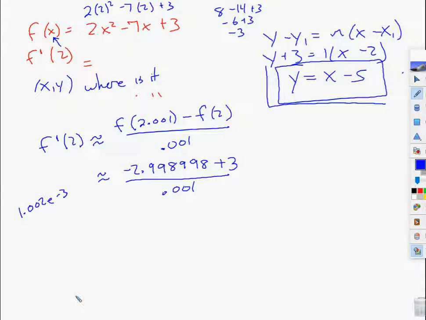Rather than do that, I'll just go ahead and divide by 0.001 and get about 1.002. So now this is where you really need to think. Is this actually what it is, or is it just getting close to 1? It is getting close to 1, right?